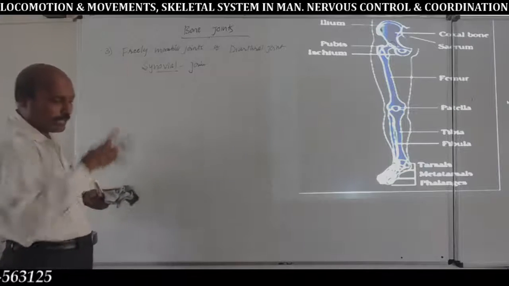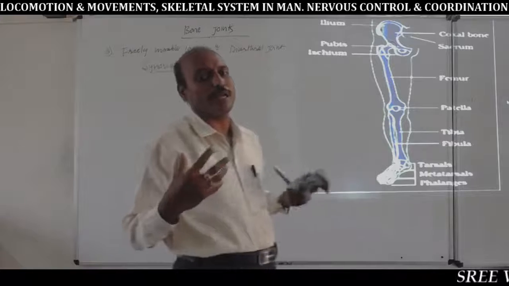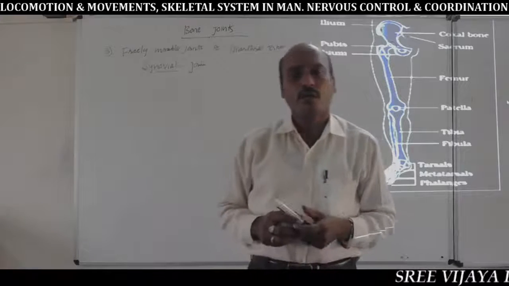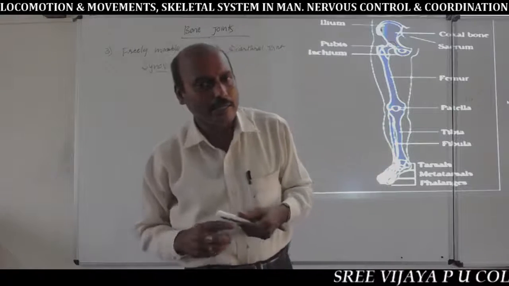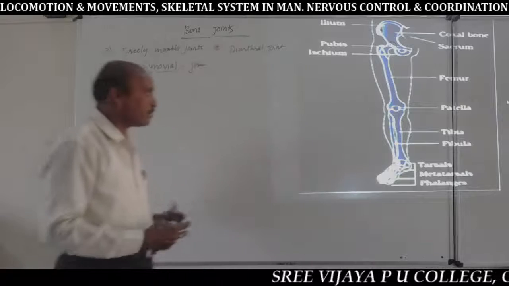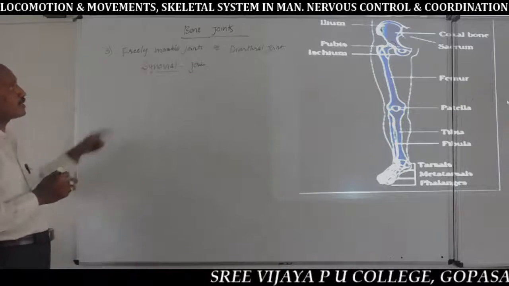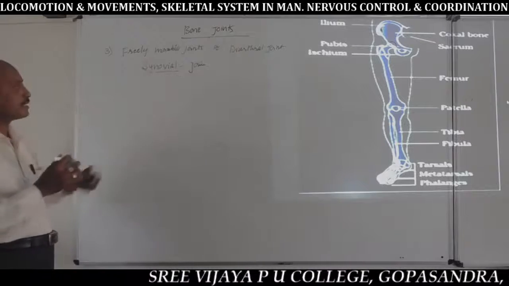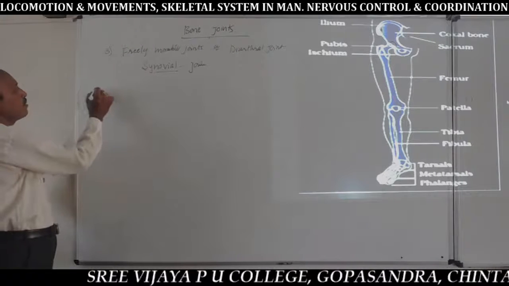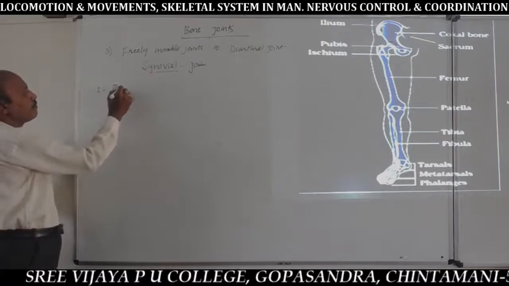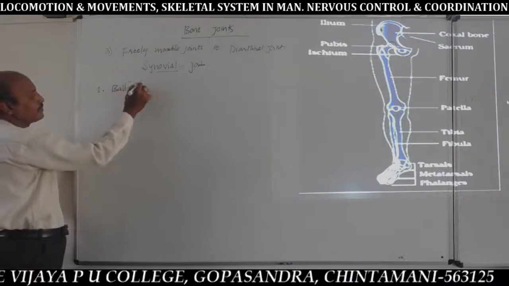Yeah, there are different types of synovial joints. Very important for NEET and KCET exams. There are nearly 7 different types of synovial joints. Among them, the first one is the ball and socket joint.